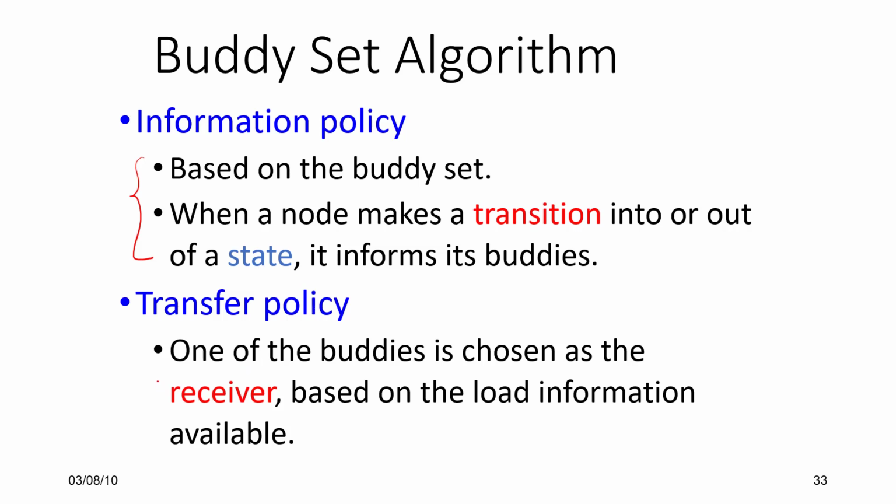That is, which buddy do you choose, and based on the load information available, who do you choose as the receiver, and then you request it, and the requester will say either yes or no. And based on that, you transfer the job, right? So there are two important policies or two decision making points here. How do you share information and how do you do the ultimate job transfer?